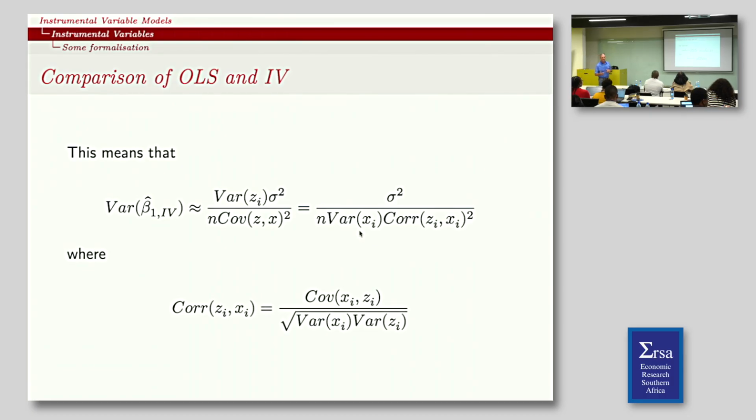Okay, why is that happening? Because we've got this first stage where we regress X on Z, which creates some noise. And then we take that fitted value and regress it on the Y. So that noise gets carried through. So we get additional noise in the second stage that we wouldn't get if we just regressed Y on X. Don't worry about the equation so much, as long as you understand the idea.